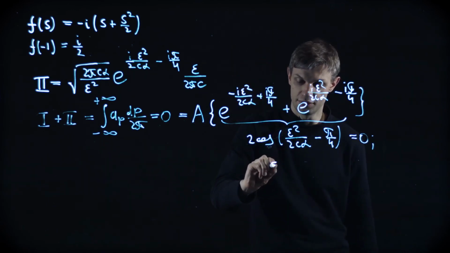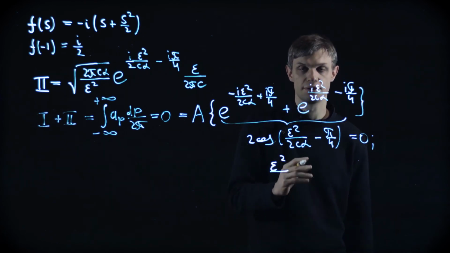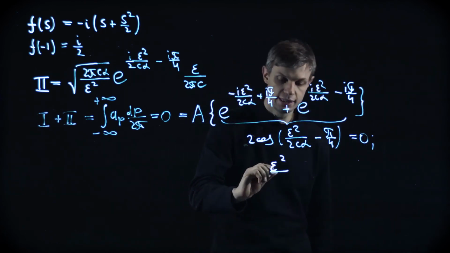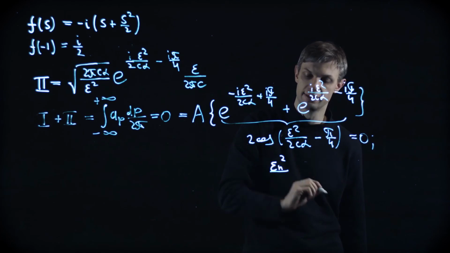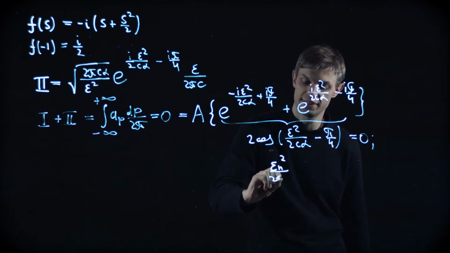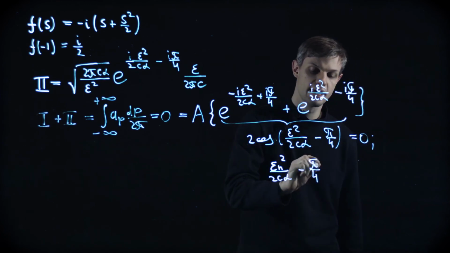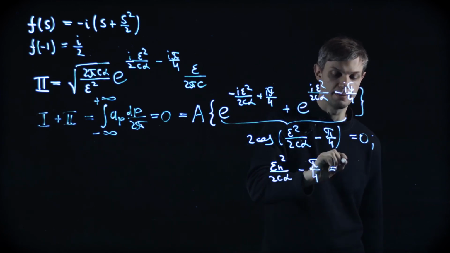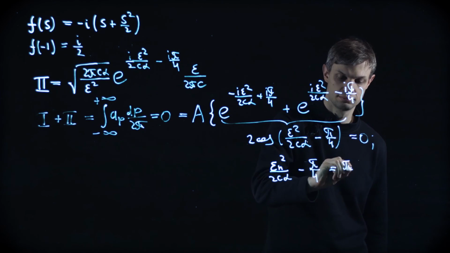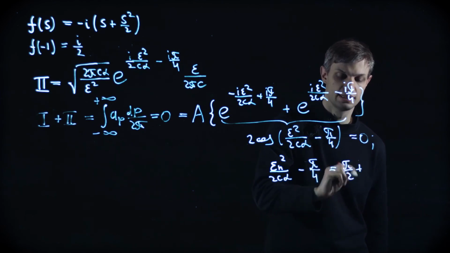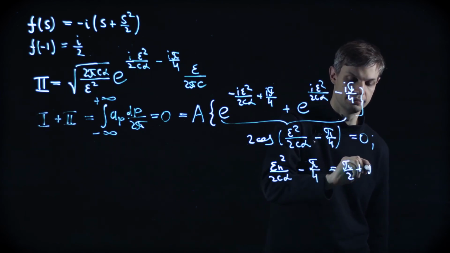So the argument of the cosine should be equal to pi by 2 plus pi n. So epsilon n squared over 2C alpha minus pi by 4 is equal to pi by 2 plus pi n.